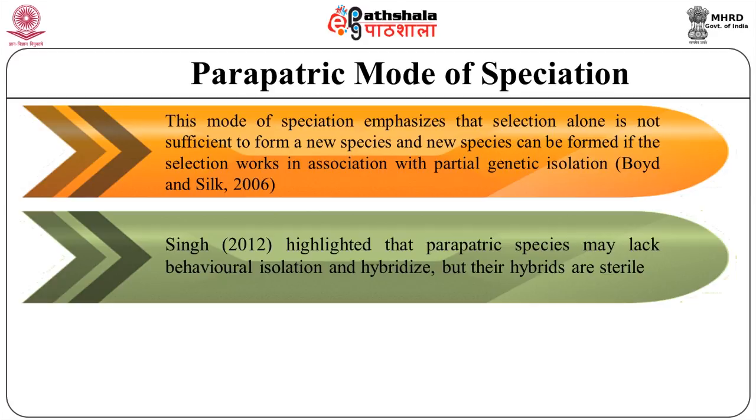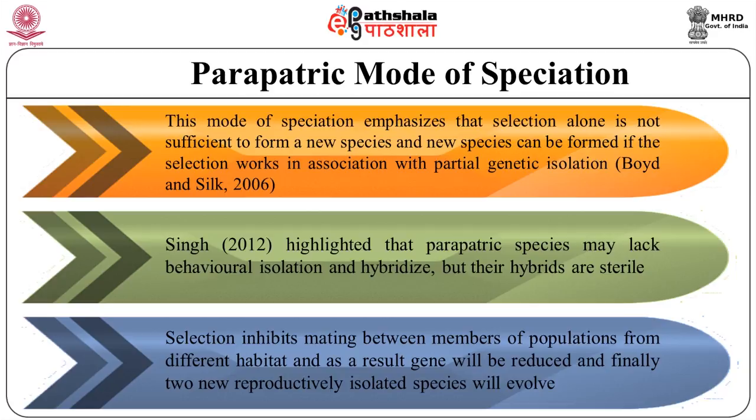Endler in 1977 suggested that isolating mechanisms develop and intensify in a cline along an ecological escarpment until the 2 adjacent populations are finally isolated. Selection inhibits the mating between the members of populations from different habitats, and as a result gene flow will be reduced and finally 2 new reproductively isolated species will evolve.